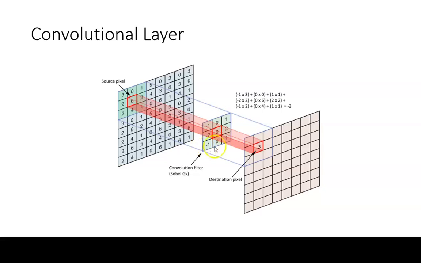So the goal is to learn these 9 parameters so that when you take a 6x6 image and convolve it with, say, a 3x3 filter, then this 3x3 filter will give you a good edge detection from that image. So this is what we mean when we say we are training a convolutional neural network.